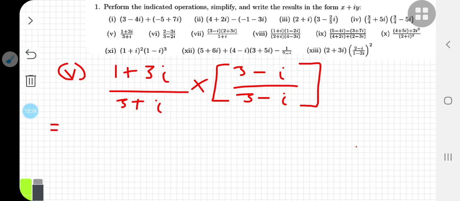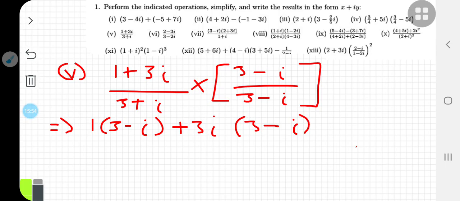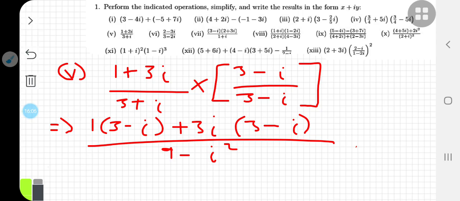Then from here, on top we do the multiplication. So it's going to be 1 multiplied with 3 minus i, then plus 3i multiplied with 3 minus i there, over, on the denominator, just the direct thing. What is 3 times 3? That just gives us 9. Then i gives us i squared like that.